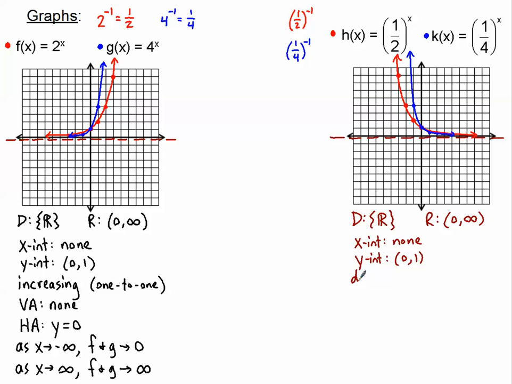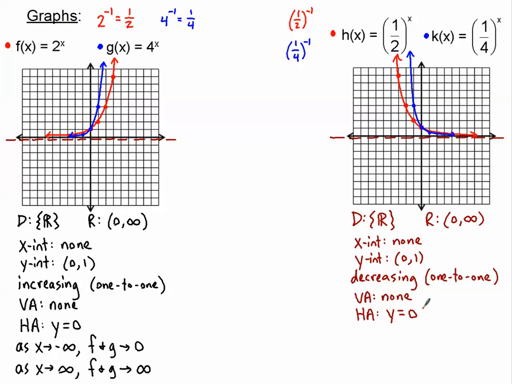This time we are decreasing, but it's helpful to know that we are always decreasing. We do not decrease and then decrease like some polynomial function. We are always decreasing, which means that it will be 1 to 1. It passes horizontal and vertical, and therefore its inverse will be a function. Our vertical asymptote does not exist. Our horizontal asymptote, on the other hand, does, and it's y equals 0.